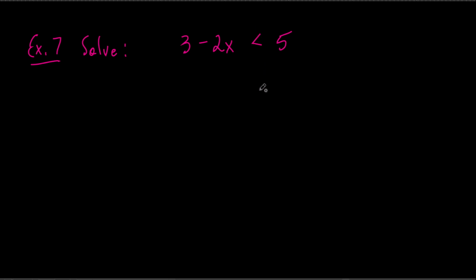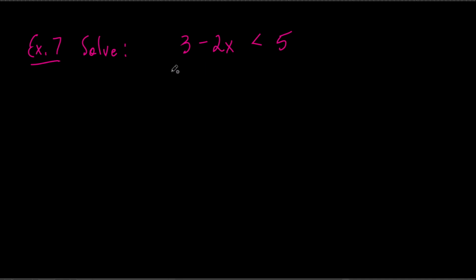The exception is if I multiply or divide by a negative number, I'm going to have to change the direction of this inequality. That's the only time. If you add or subtract, or you multiply or divide by a positive number, this inequality stays exactly where it is. It stays less than. But when you multiply or divide by a negative number, that's when this thing changes.